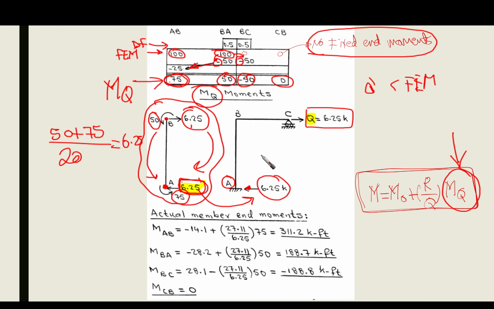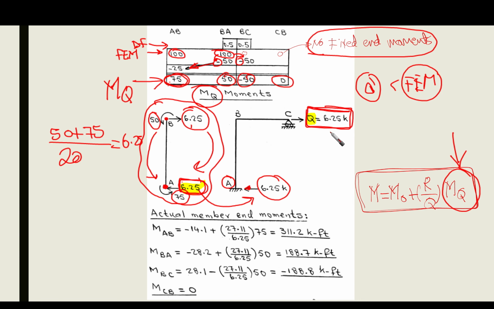This is the force that we have applied on the system in order to make delta prime, in order to make FEM, or fixed end moments, 100 at member AB.